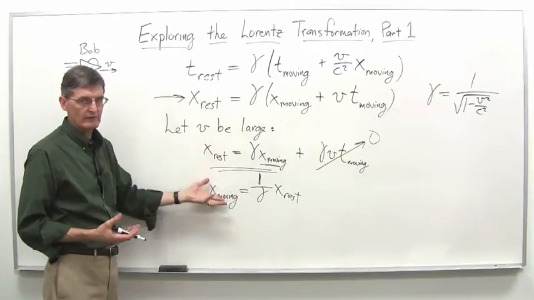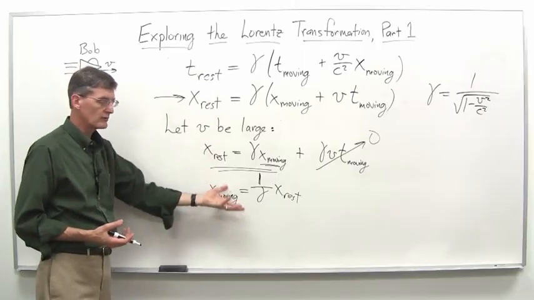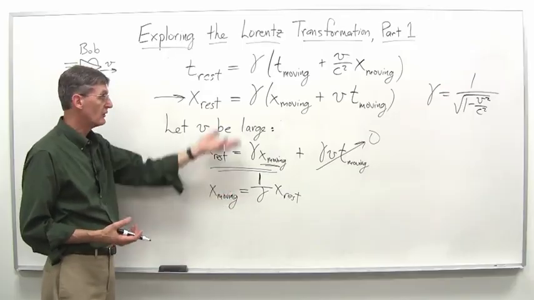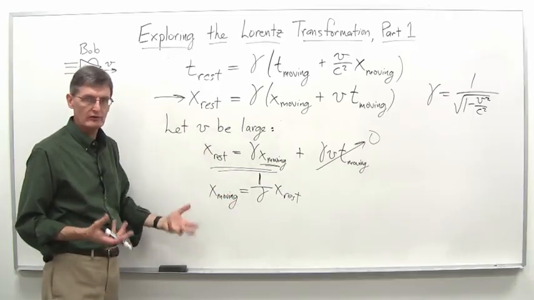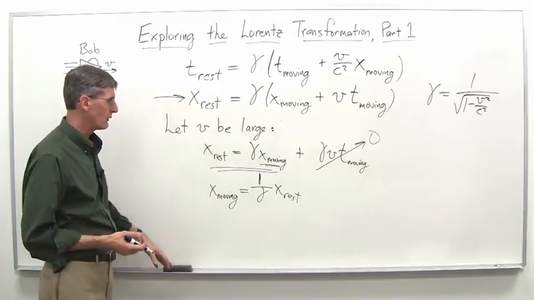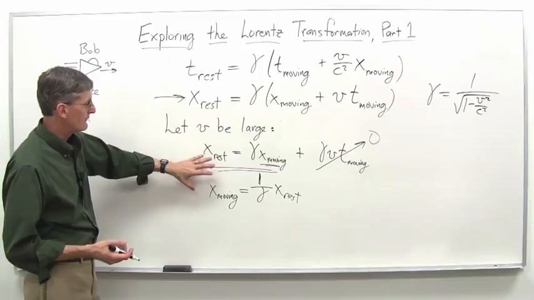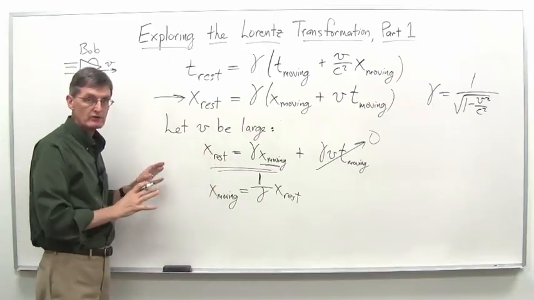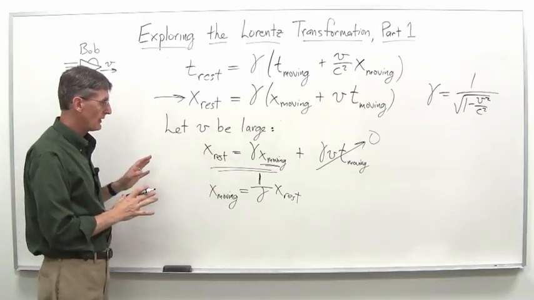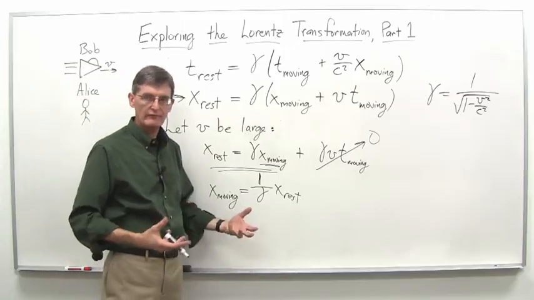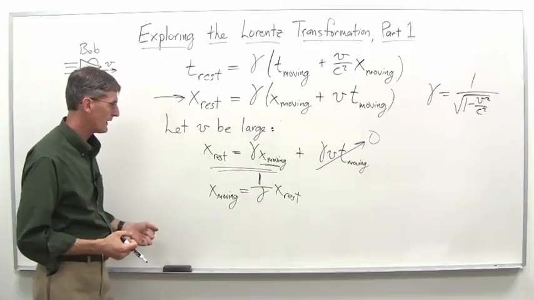If it isn't, then we've got something really wrong here. Either our original conclusion with length contraction was incorrect, or our Lorentz transformation derivation was incorrect. So what we see here is that, first of all, we can get the Galilean transformation out of that equation for everyday velocities, much less than the speed of light.